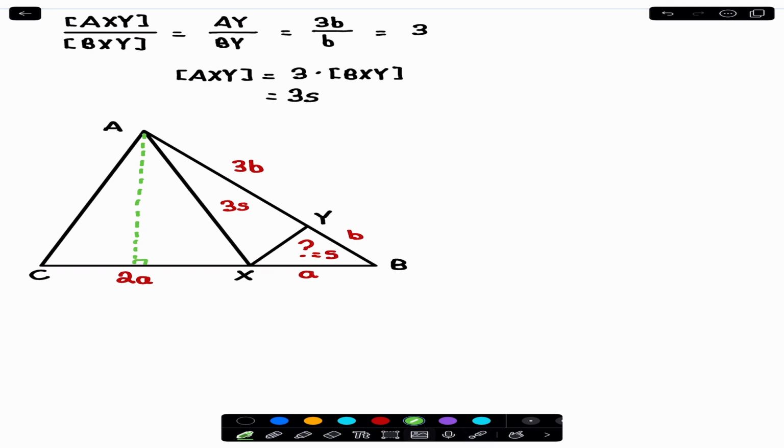And guess what? We have two triangles, triangle ACX and triangle ABX.